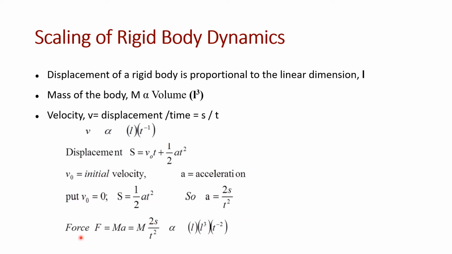Now substituting in the formula for force, F equals mass into acceleration, substituting acceleration equals 2s by t square, we can convert each of these parameters into their corresponding linear dimensions as mass will be proportional to L cube, s will be proportional to L, and t will be proportional to time. That is, when it is taken to the numerator part, it becomes t raised to minus 2. So, in total, force will be represented as L raised to 4 t raised to minus 2.